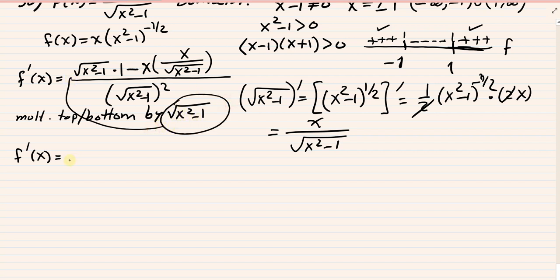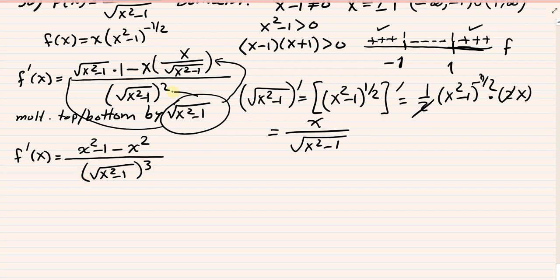In the numerator, it's just going to be x squared minus 1 minus x squared, because when you multiply it times top, the square roots cross out. Okay. And when we multiply the denominator by it, we're going to get square root of x squared minus 1 cubed. There's already 2 there.